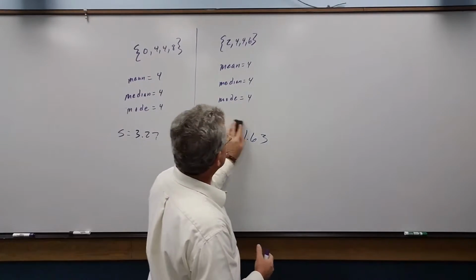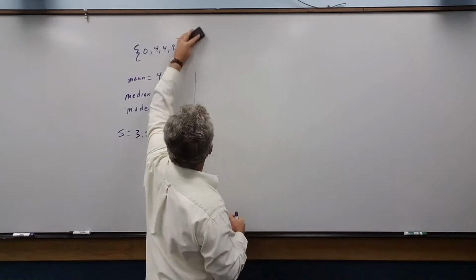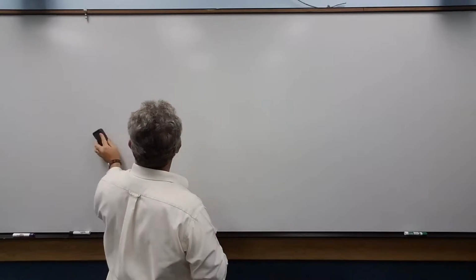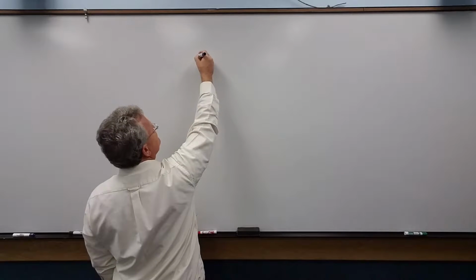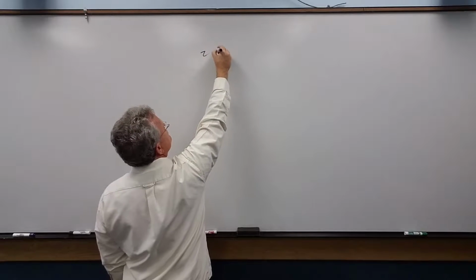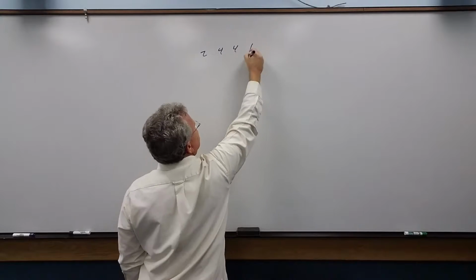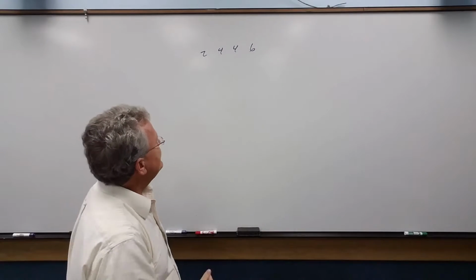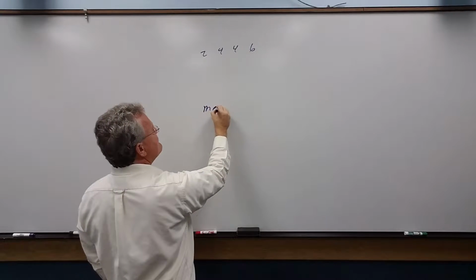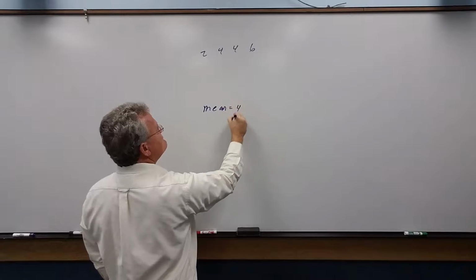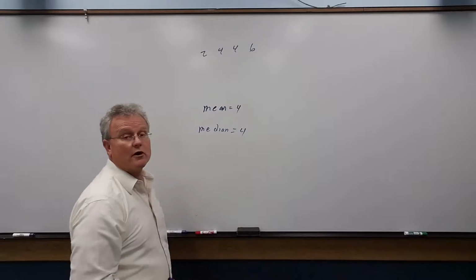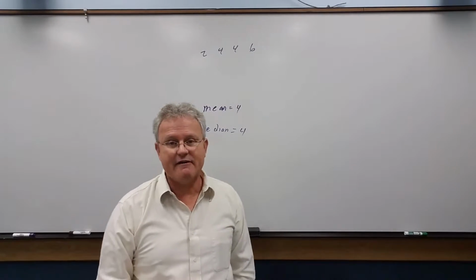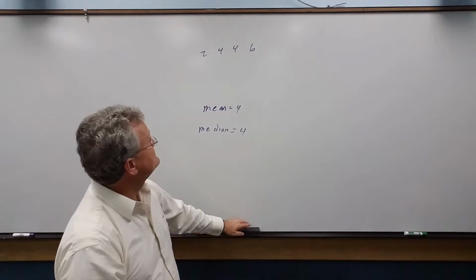Now, another thing I want to talk about as far as the mean and the median. Let's look at 2, 4, 4, 6. We calculate in this example the mean is 4, the median is also 4. But let's say we have an outlier instead.